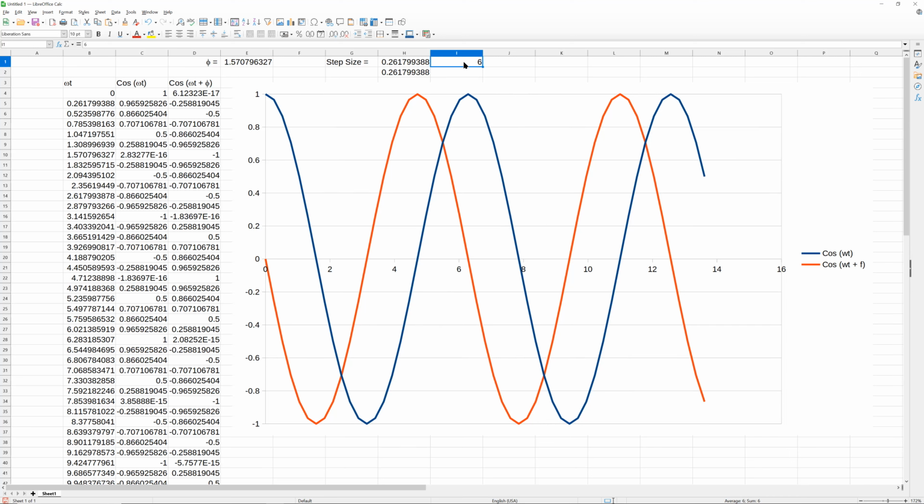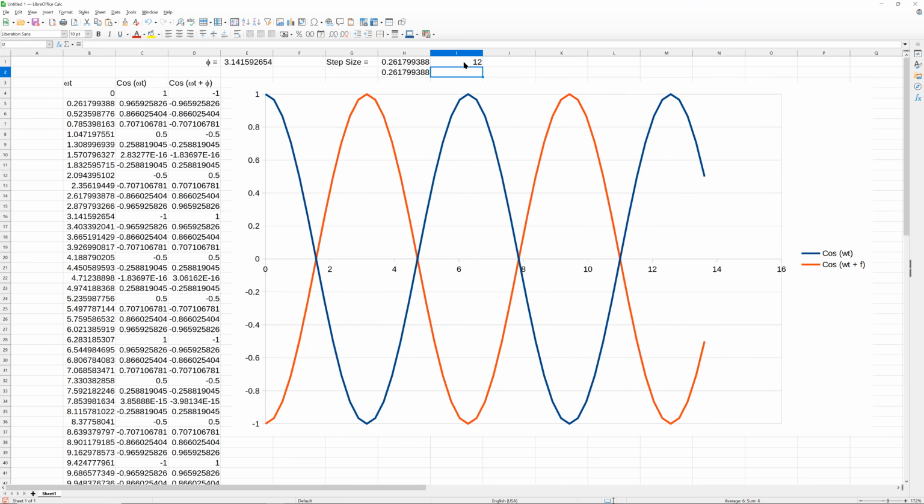Shift it by pi. This is something that's not that interesting now, but in a little bit of time, we're going to start considering the superposition of waves where 2 waves are added together.